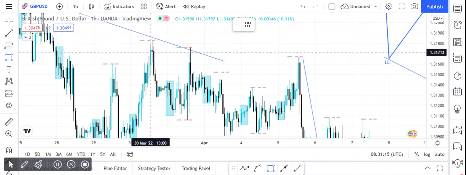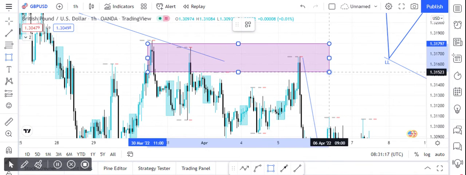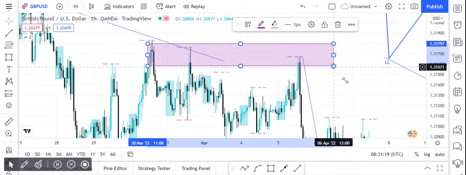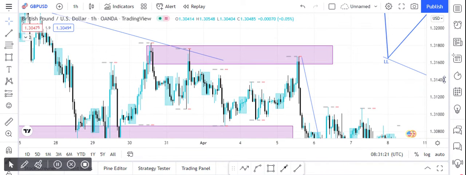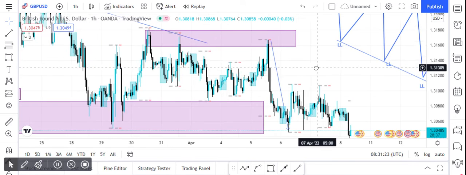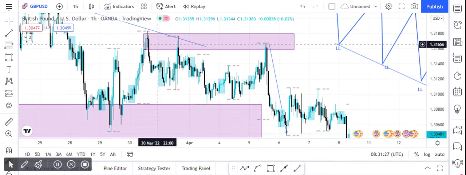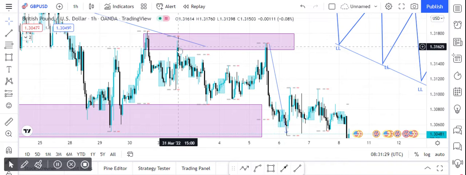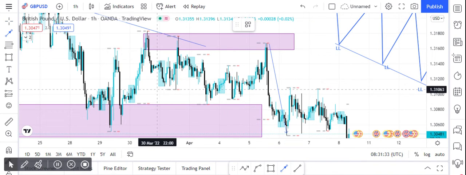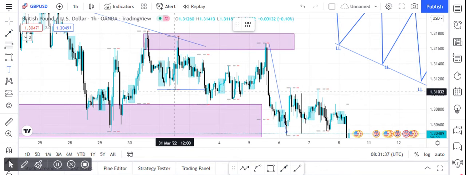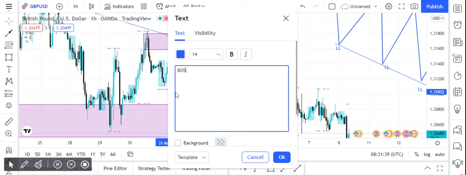This is an indication for me. So what is the confirmation that this high is a strong high, so that I can take this trade? First of all, it has not been taken out, and then I see a break of structure to the downside, which is this break of structure here, a BOS like that.